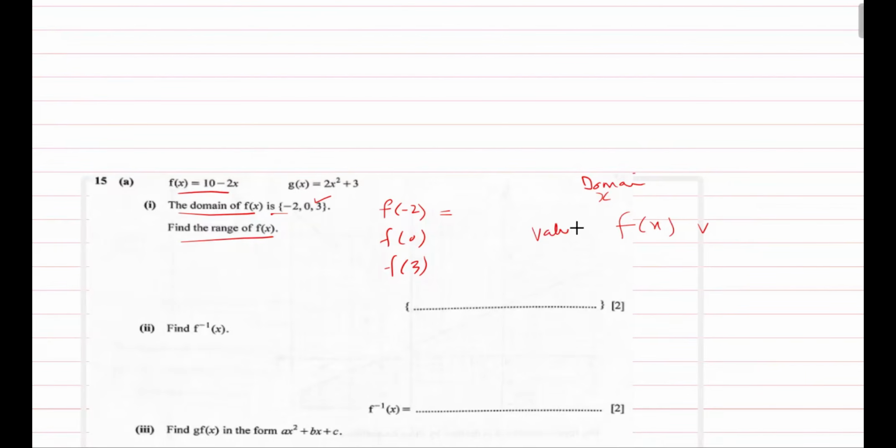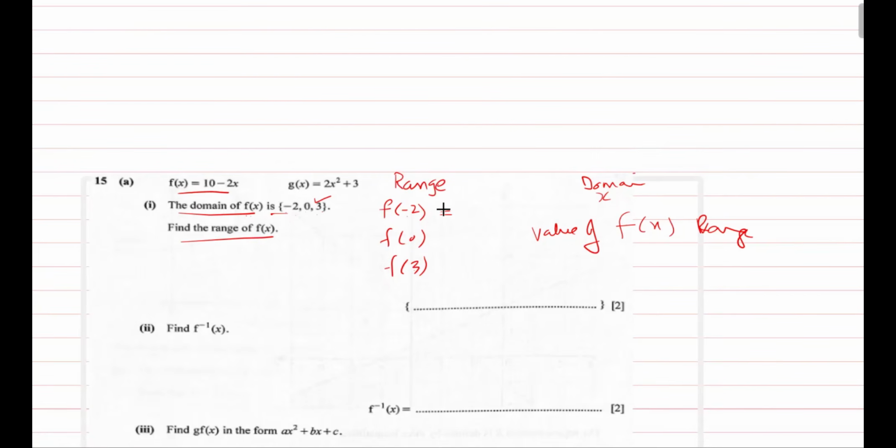Look here, the domain of f of x here is -2, 0, and 3. These are the x values. We will take the range against these x values. Here f of -2, f of 0, and f of 3. These values are the values of range.